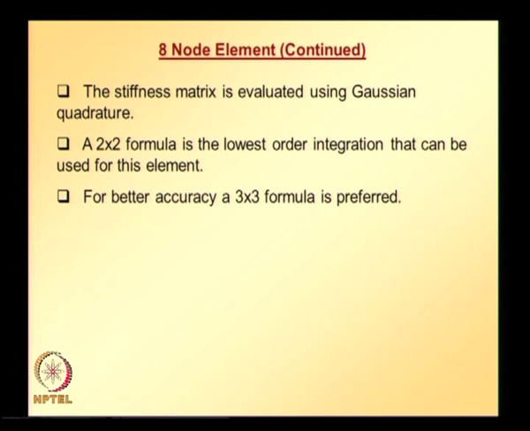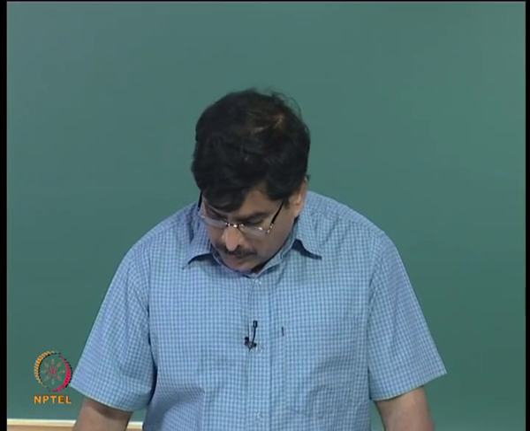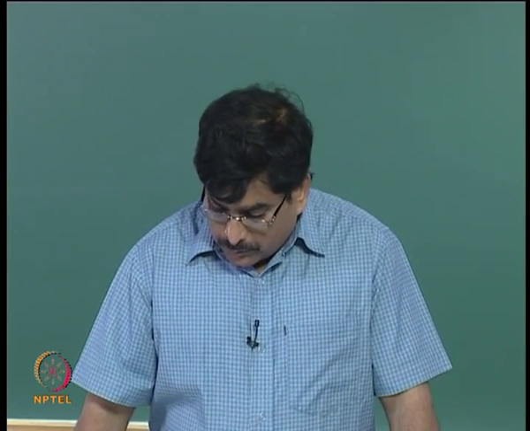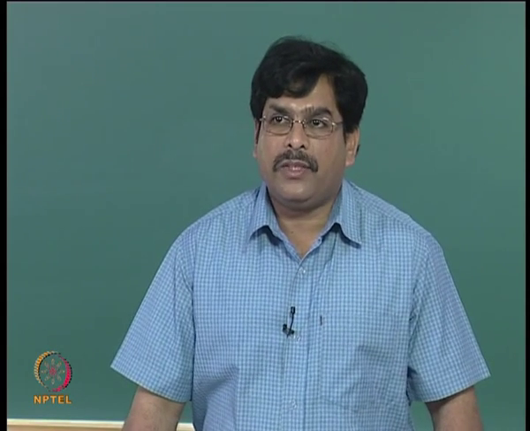So, if you go back and apply the 2n minus 1 criteria for deciding the number of integration points that are required to exactly evaluate an integral that we discussed earlier, you can easily check that the lowest order integration that can be used for this element is 2 by 2.